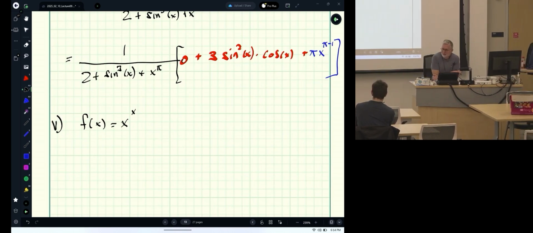How do you approach it? I mean, power rule is when that thing up there is like a constant, okay? So how do you approach it?